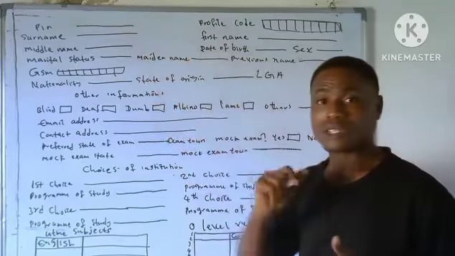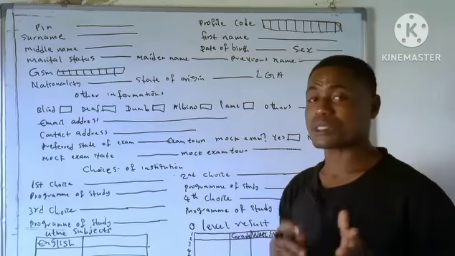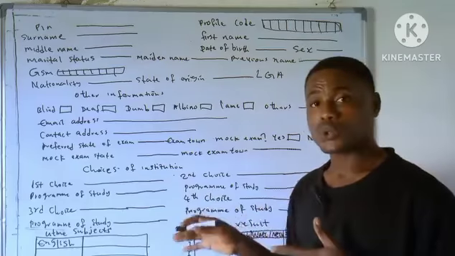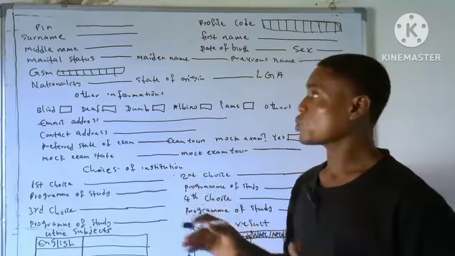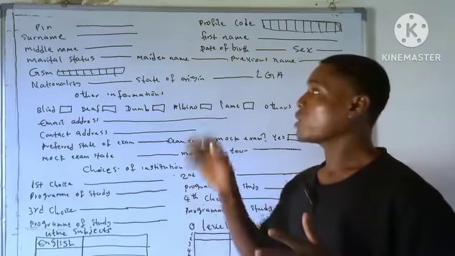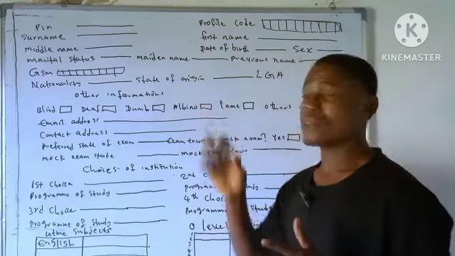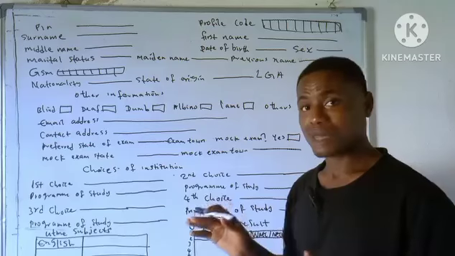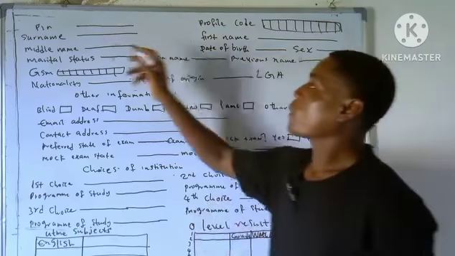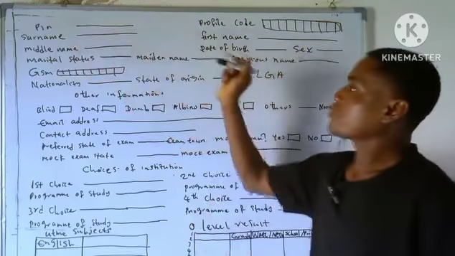Don't change any name. If not, any school you choose will deny you admission to that particular school. So make sure the names you are using in filling your JAMB form are the same with your O level and all your documents. So you fill your surname.